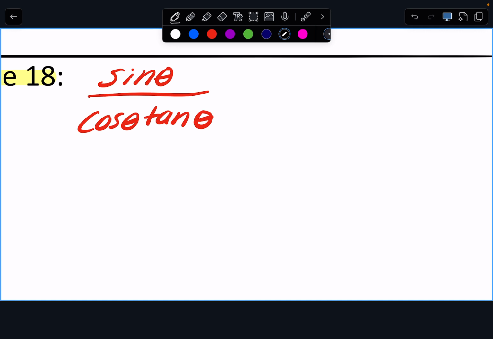Guys, this is so easy. Just forget about everything you learned before. Let's do number 18. This takes work. This is actually going to be a decent portion of the test. These simplifying statements like this.